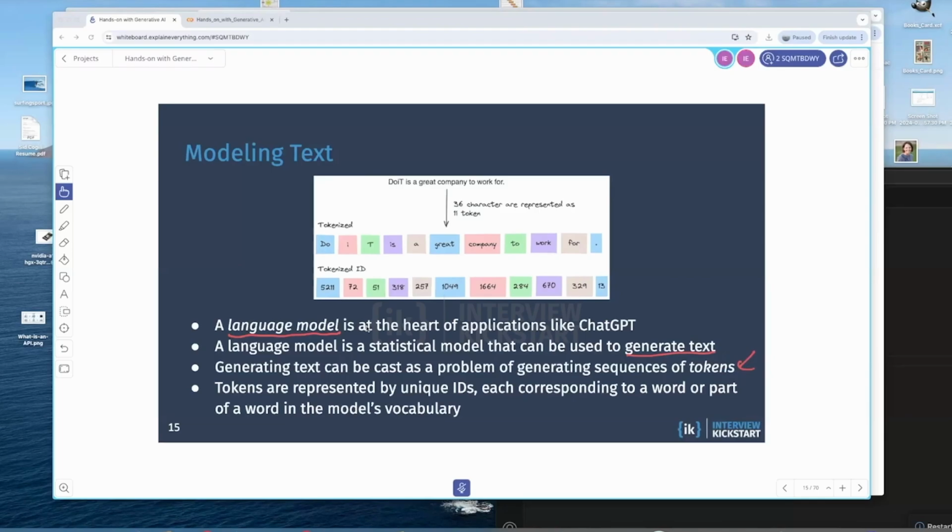One of the basic ideas in language modeling is to cast the problem as generating a sequence of tokens. If I'm going to generate text, that's typically cast in what's called generating tokens. So the idea of a token is that when you build a language model, you typically have some predefined vocabulary, right?